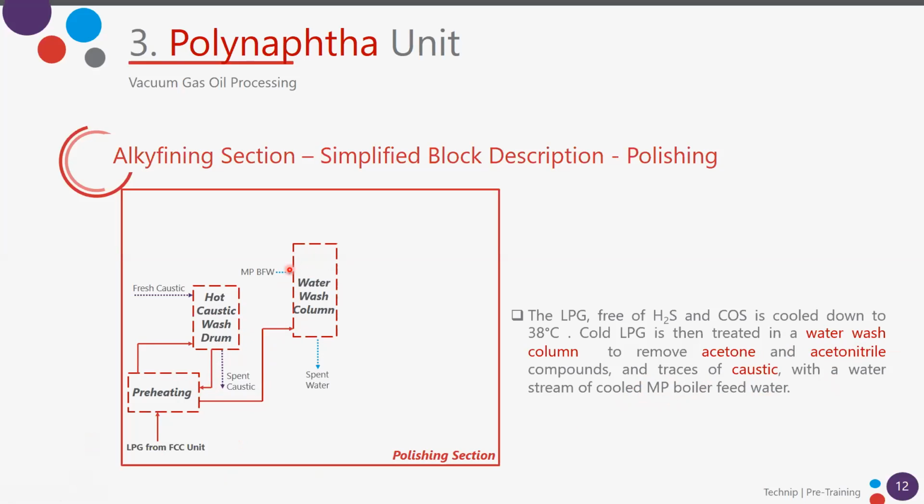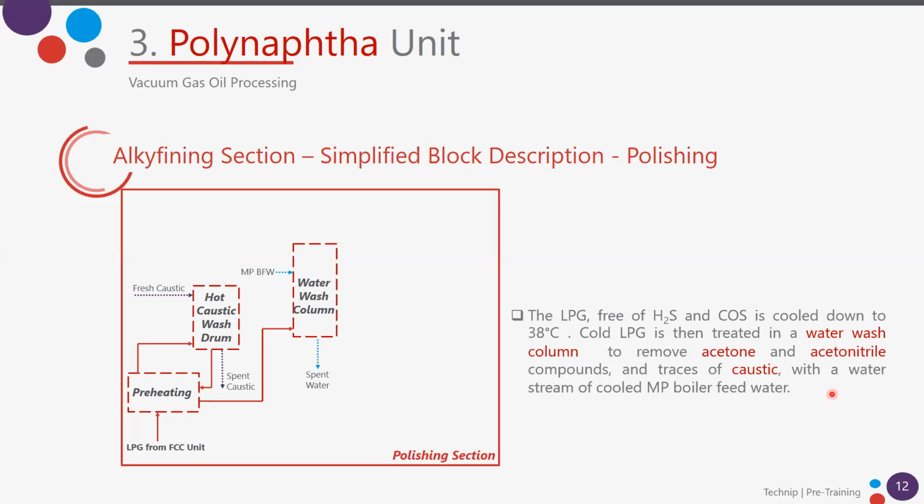In this water wash column, the main purpose is to remove oxygenated and nitrogen compounds and traces of this caustic that we have used in the previous step, and how we will introduce this. Remember, BFW means boiler feed water, and the MP is medium pressure boiler feed water. So in this step, we will remove this, okay, acetone, this acetonitrile compounds, and the traces of caustic.